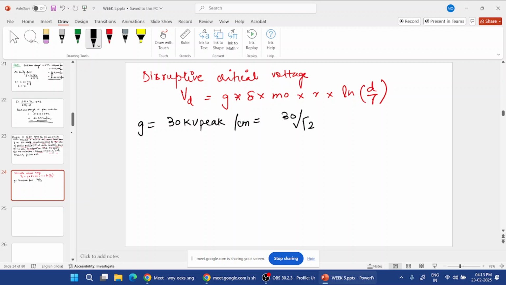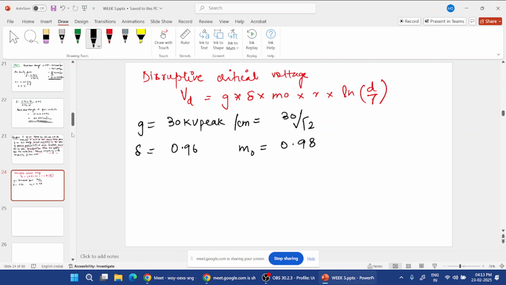Now delta is the air density correction factor, which is given here 0.96. And the irregularity factor M is given 0.98.